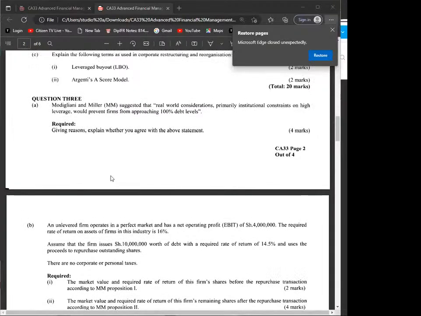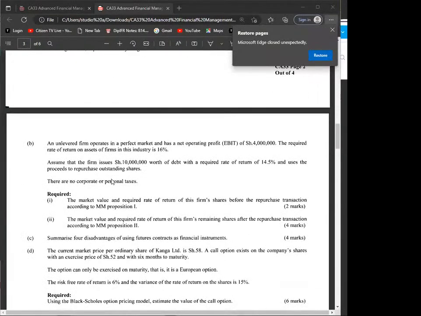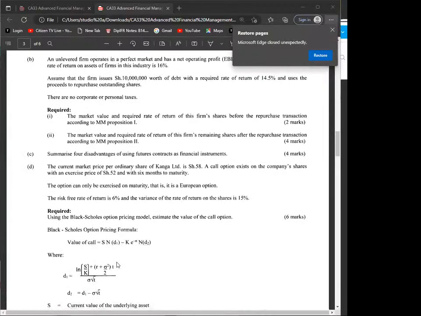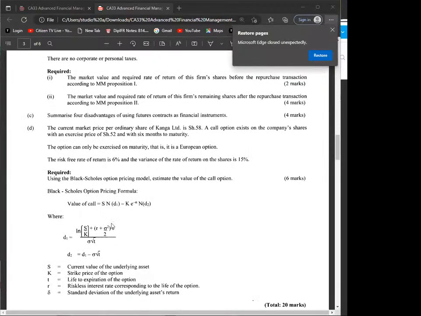I liked question number 3 so much. Question number 3 was able to capture these Modigliani and Miller propositions, which so many students got 0, 0, 0, 0, 0. And then they had a very easy part here, which of course I don't expect this time round, although it's good to master this. They had a very good, easy, low-hanging fruit in part D.